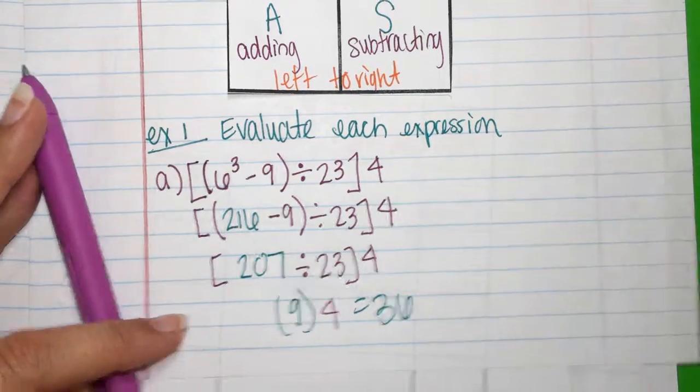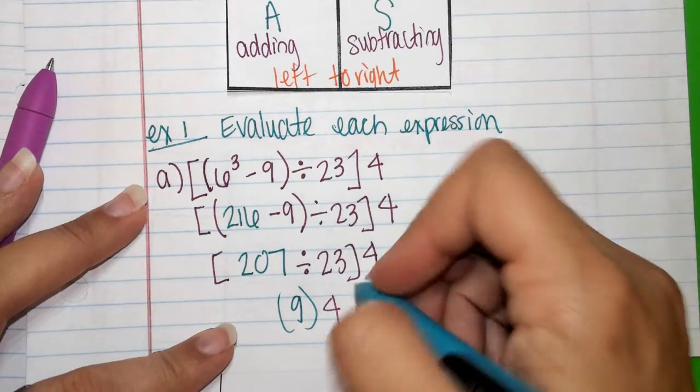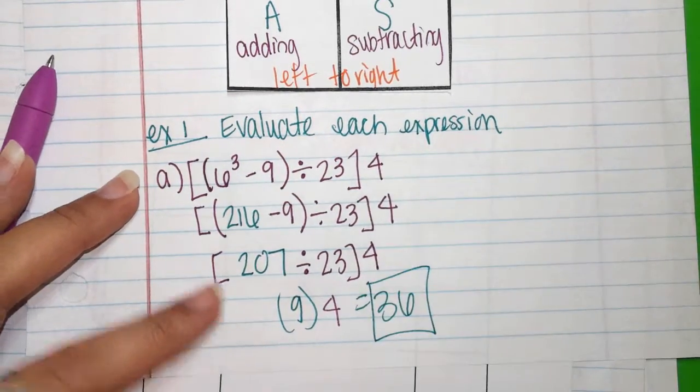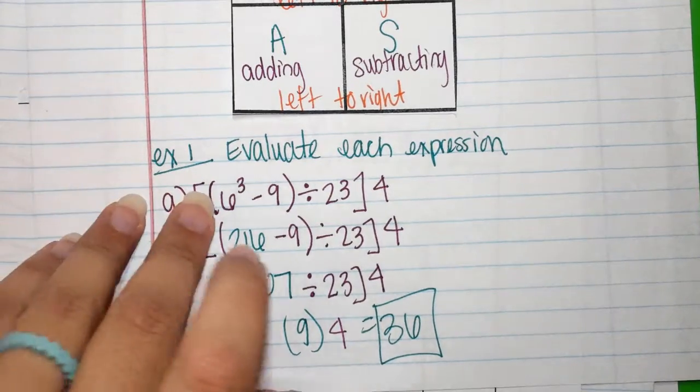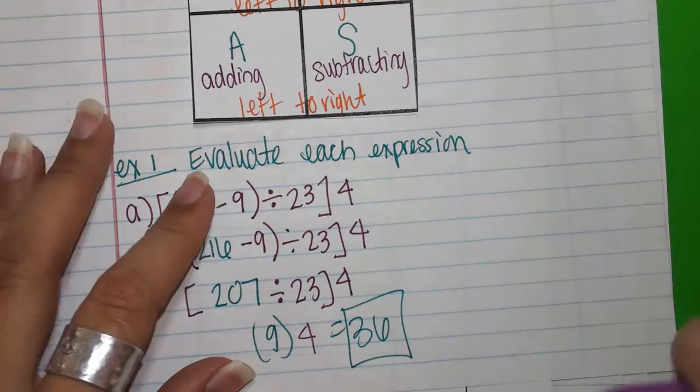36. Do we need to put a circle around our answer? Or a heart, or a star, or a box, or something? Boom, we're done. Can you try one without me? Are we sure? I know this is review, but I want to make sure that we're on the same page. Alright.